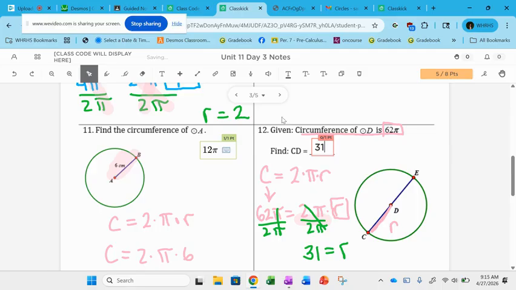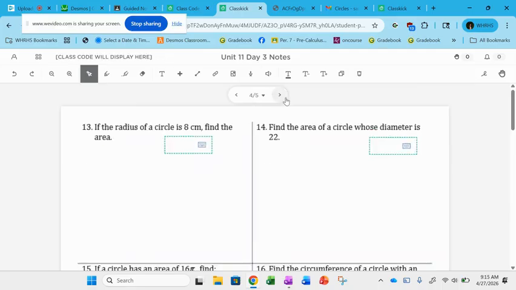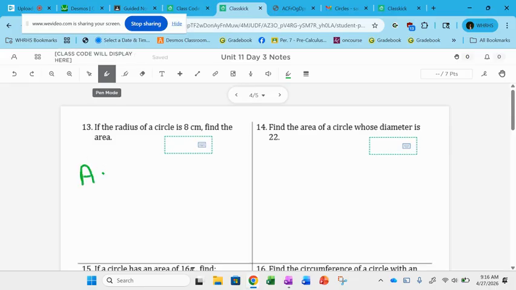All right, last problems for today. Go to your next page. We're not going to go to page 5. We're going to only go to page 4. All right, so it says if the radius of a circle is 8 centimeters, find the area. Well, remember, area formula is different. The area of a circle is going to be pi r squared.